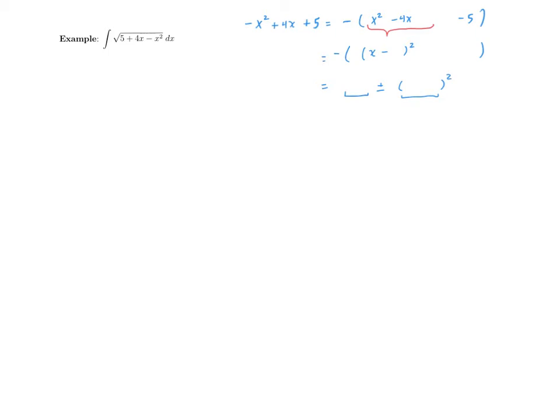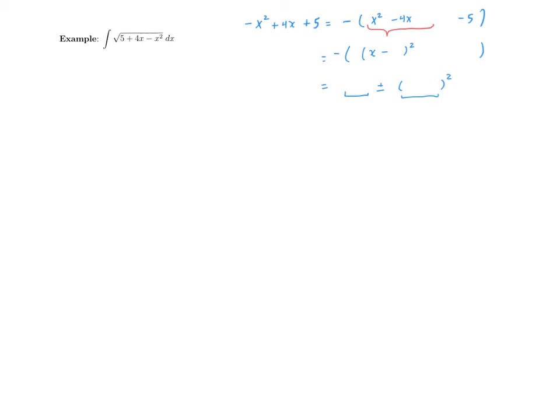And I will note that there are associated formulas, but I really prefer to think about this intuitively. What number would I have to put here in order for the first two terms when we expand out to be x squared minus 4x?